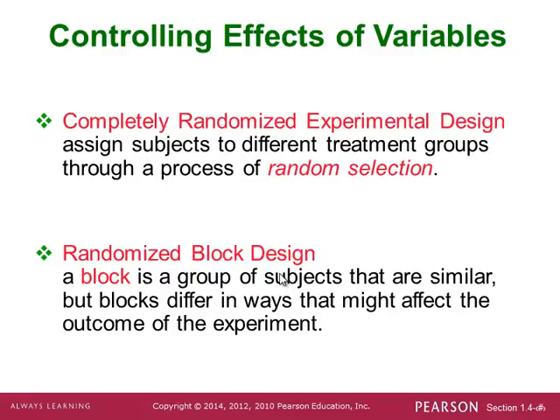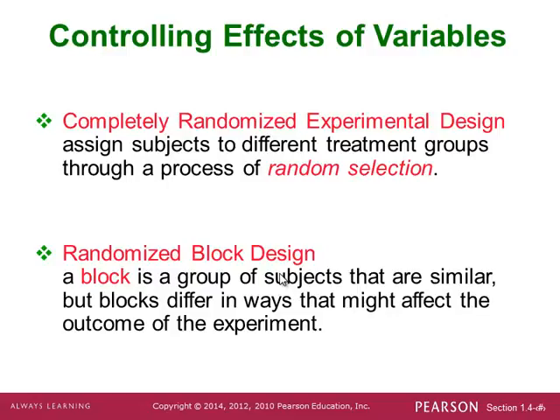Now, a completely randomized experimental design is where you really make sure that, if you have randomly selected, say, a 27-year-old male who's overweight and smokes in one group, then you have the similar individual in the other group.